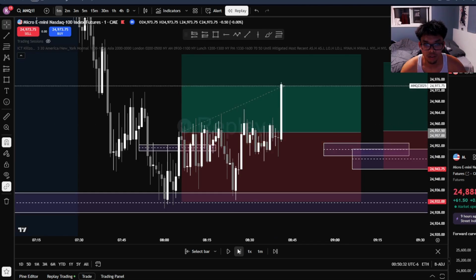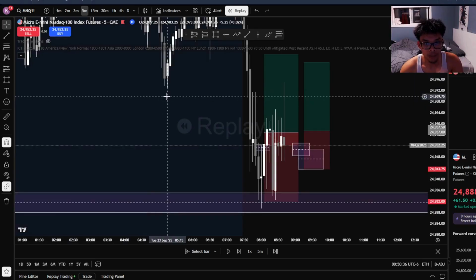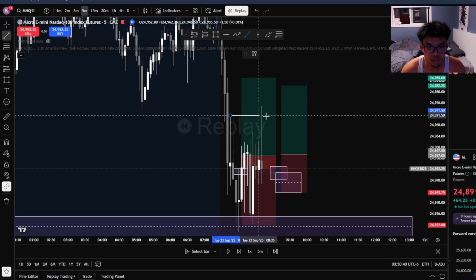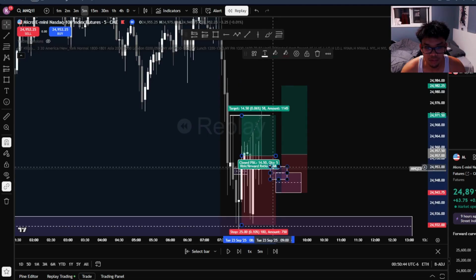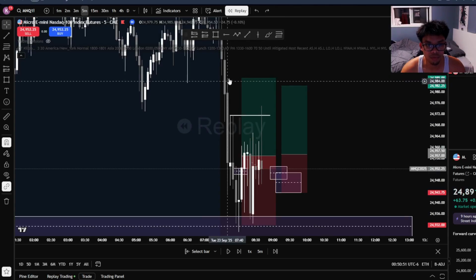Right? Up here, what my TP should have been was these equal highs. But if we put our TP there, that's a negative RR, so I kinda didn't like our TP there. That's why I like this more, because we had the 5-minute unfilled.